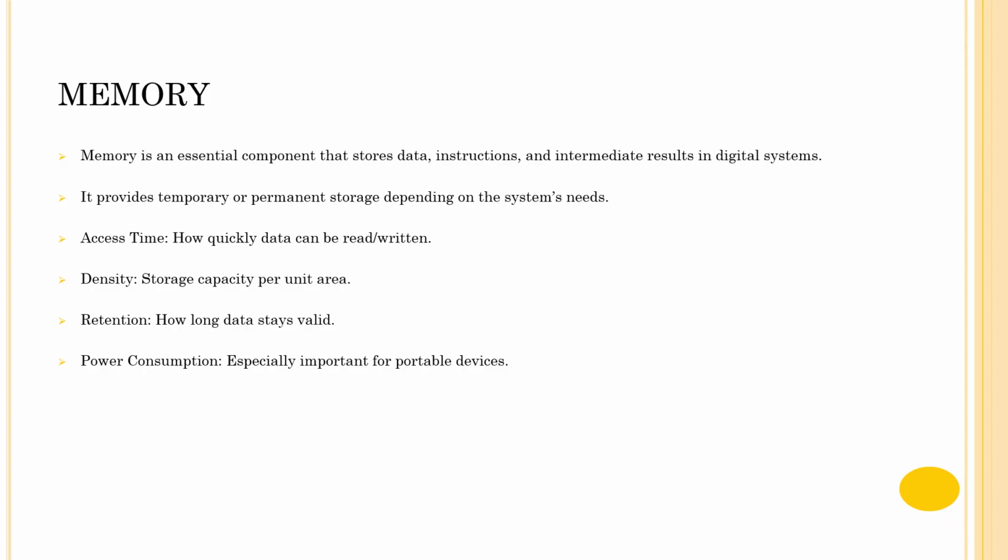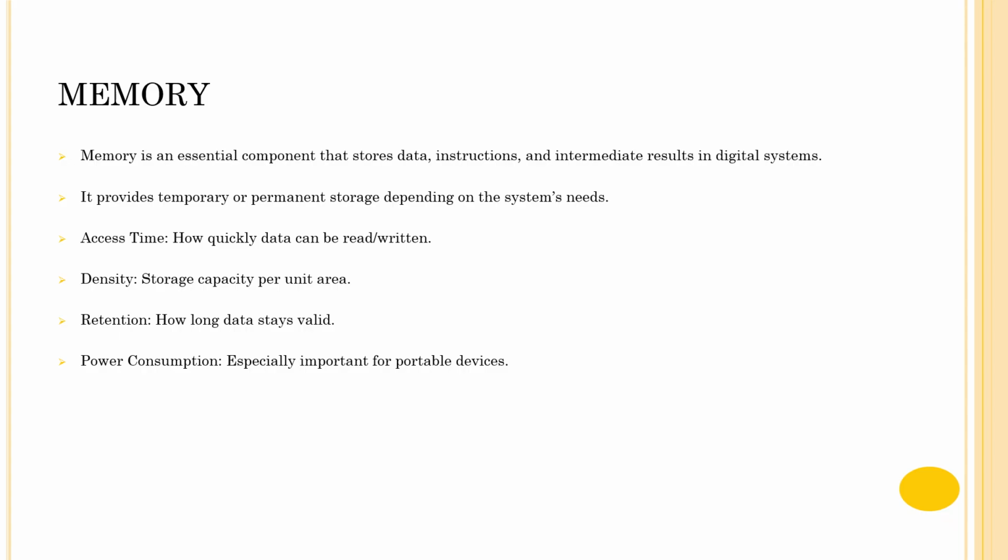Second is non-volatile memory. Now, this type of memory remembers everything even when power is turned off. It is used for permanent or long-term storage. Examples are ROM. It stores the essential instructions needed to start your system, like firmware or boot code. Flash memory.